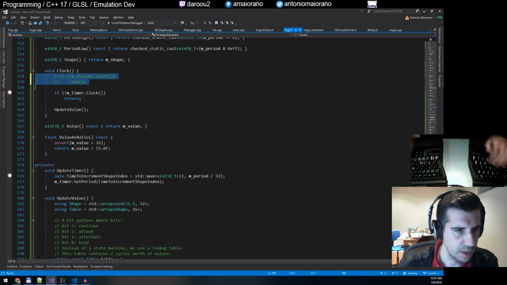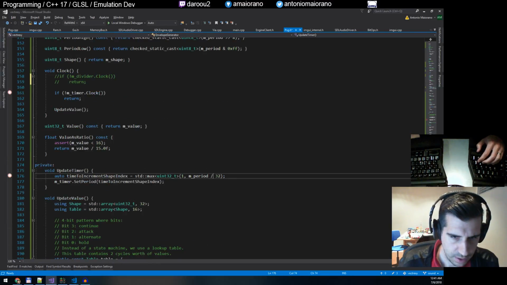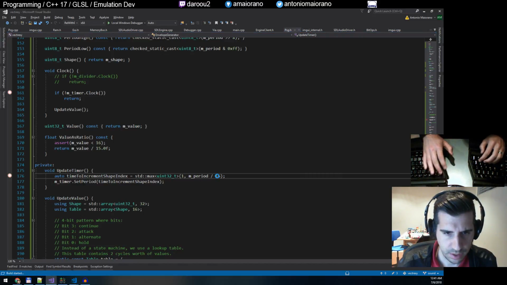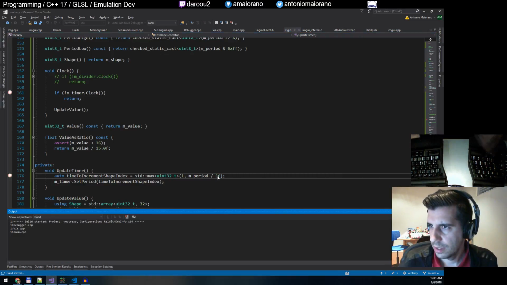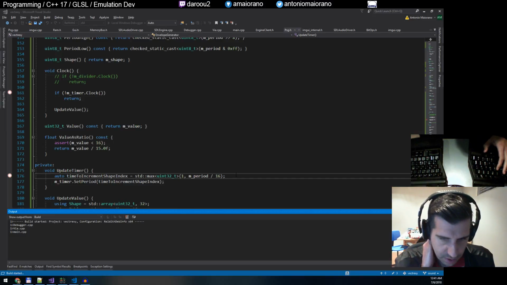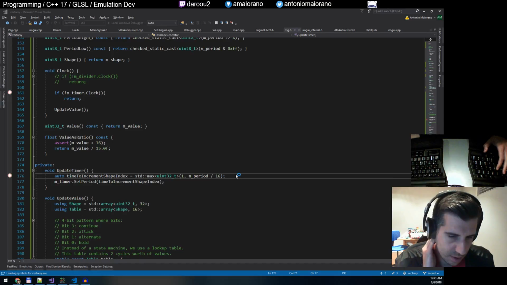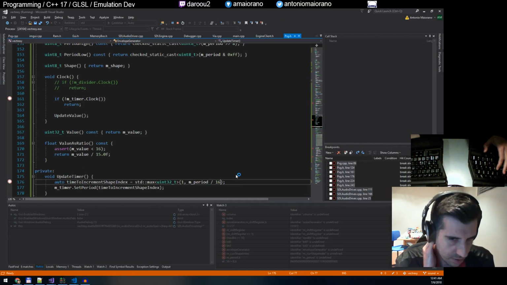And then we just use the internal timer and we go back to dividing by 16 here. Basically, let's just clock it exactly like the other chips, so at every 16 CPU cycles. And then let's just use the internal timer, which will be every 16th of the period. Let's see if that actually works.